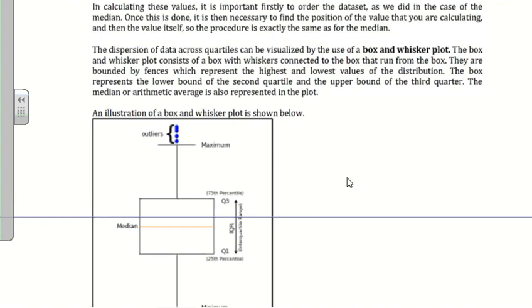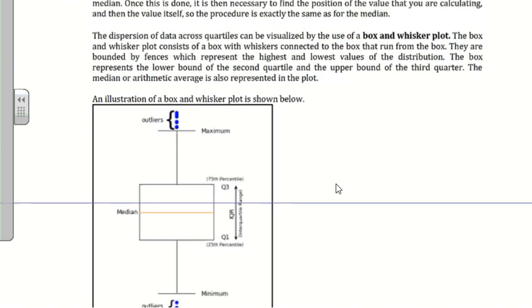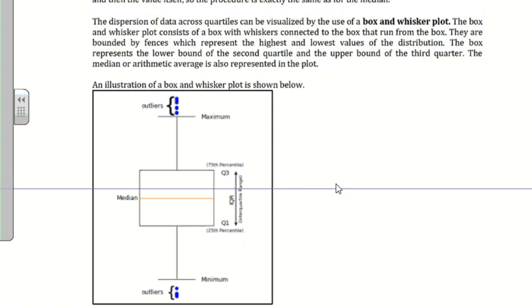If you look over here, guys, we're starting to talk a little bit about dispersion measures. It's called a box and whisker plot. Why is it called a box and whisker plot? It's got a box. Here's the box. What does the box represent, by the way? The interquartile range between quartile 1 at 25% and quartile 3 at 75%.